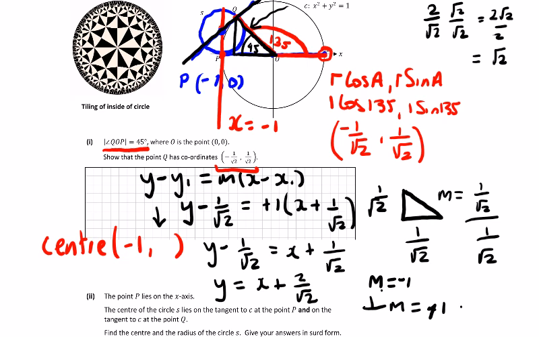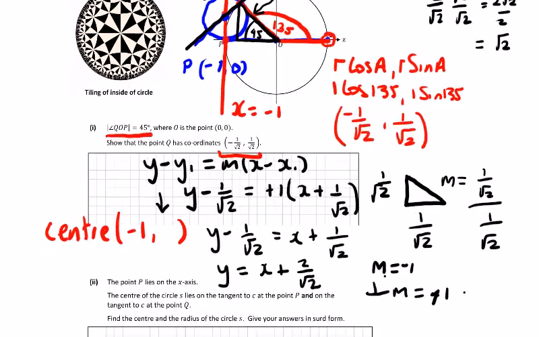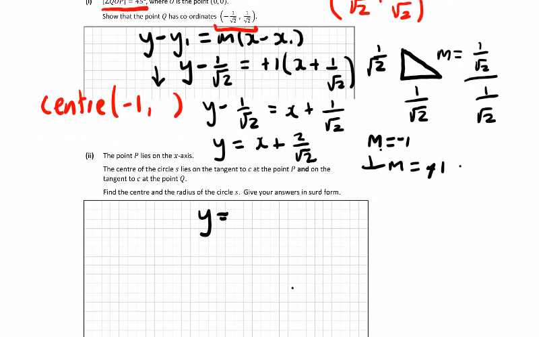So y then becomes y is equal to x plus root 2, and x is minus 1 in the equation of this line, because this line is on the center. So y is equal to minus 1 plus root 2.